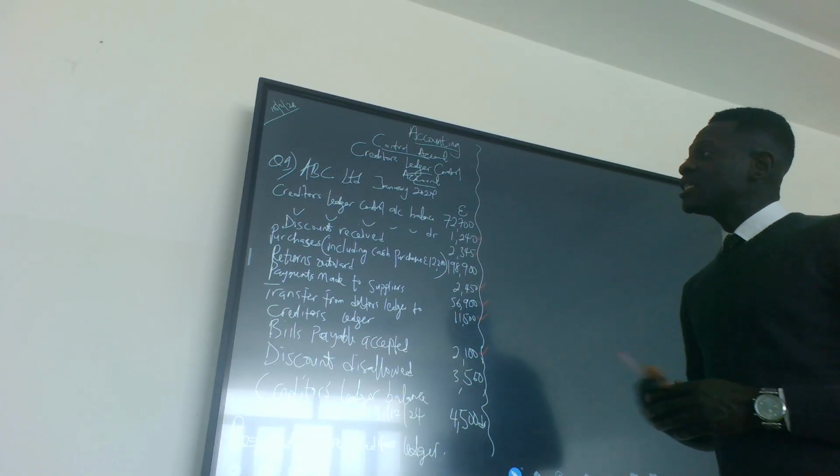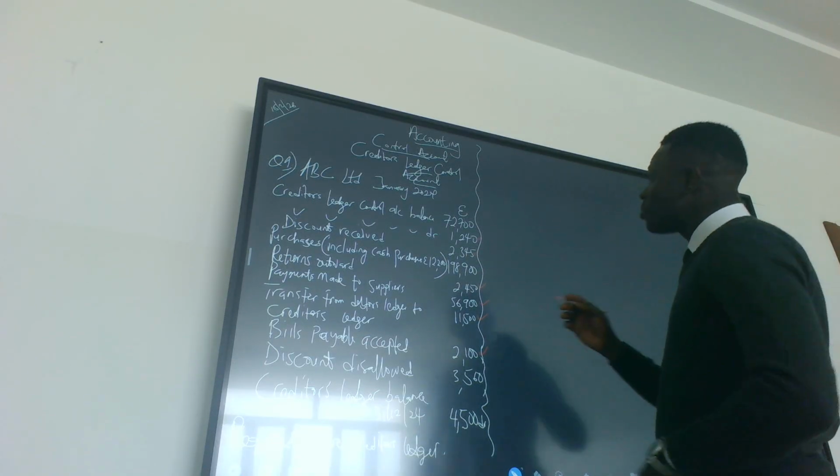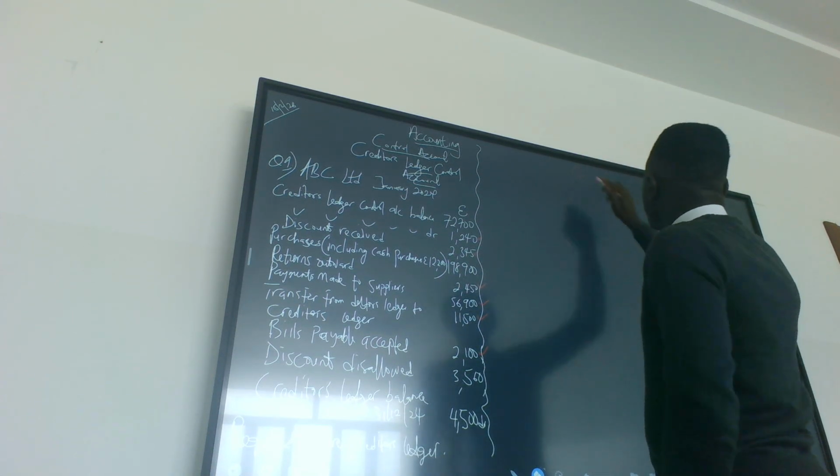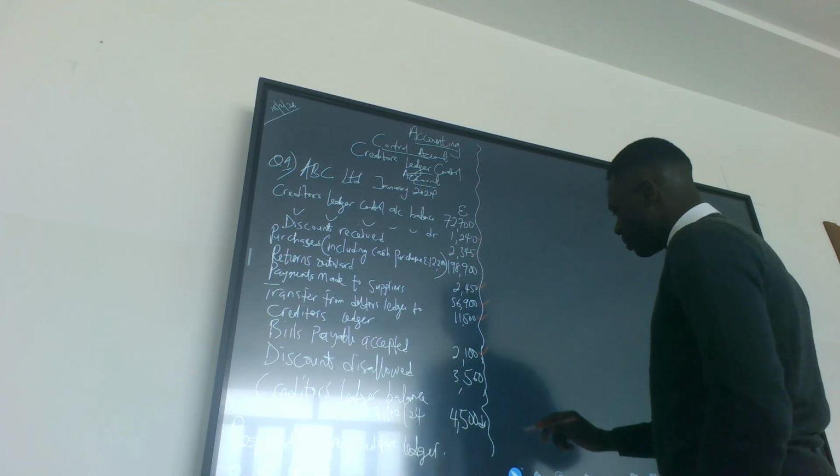The first stage is to open the ledger. So to open the ledger, we're going to have the creditors control account.